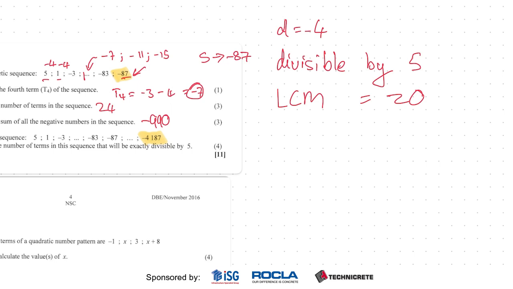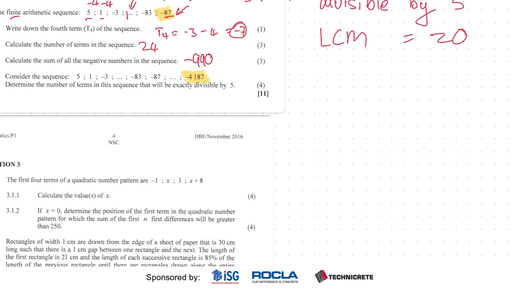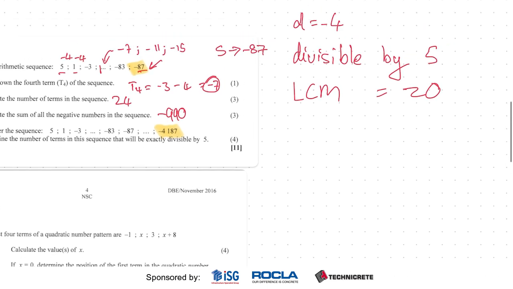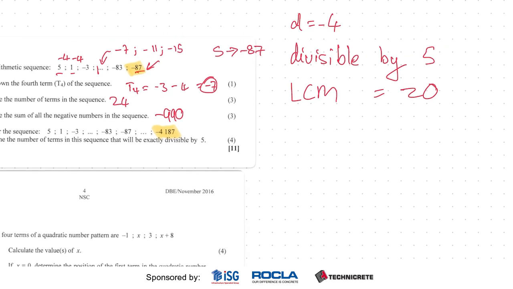So basically, we can come up with another sequence that has a change of 20 within the range from 5 to negative 4187. So we want to know how many numbers are multiples of 20 in that sequence. And then that will tell us exactly how many numbers in our original sequence are also divisible by 5.